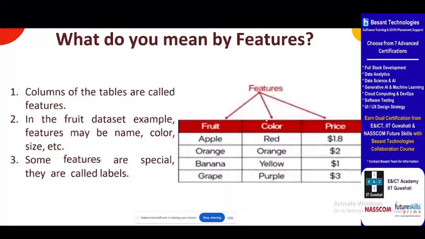See here, how do the features come over here? These are your column names as it is. These column names in your machine learning data set and AI based projects are called as what? Labels. See here, name, fruit, color, price. These are the column names, right?